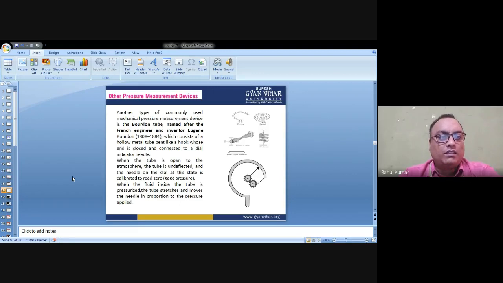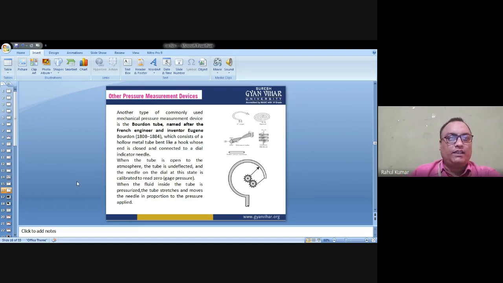Suppose when the tube is open to the atmosphere, the tube is undeflected and the needle on the dial at this stage is calibrated to read 0. When the fluid inside the tube is pressurized, the tube stretches and moves the needle in proportion to the pressure applied, right?